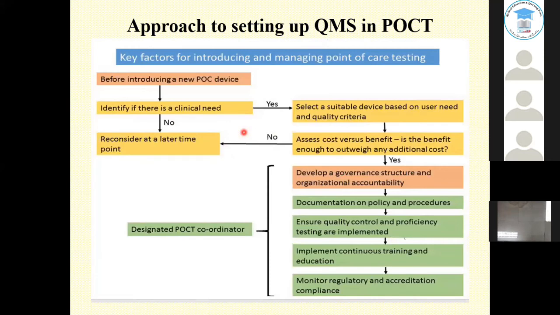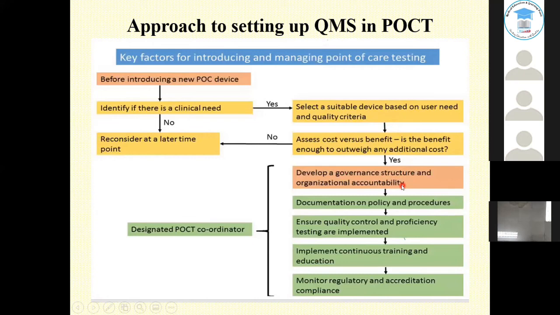So the approach towards establishing a QMS in POC would be to identify if there is a clinical need. If no, then reconsider it at a later stage. If yes, select a suitable device based on the user need and quality criteria. Weigh the benefit to the cost ratio. Develop a governance structure and organizational accountability.